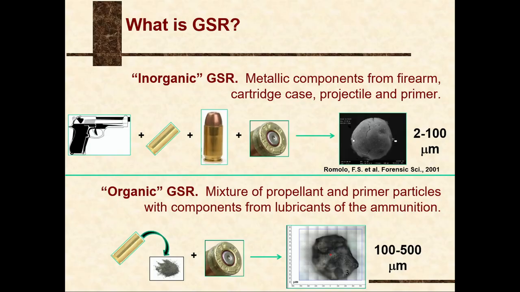As you may know, gunshot residue particles are formed when we fire the gun, and there are two major types, inorganic and organic. Inorganic particles are typically small, and they mainly come from primer, and organic particles are much larger, and they mainly come from propellant and smokeless gunpowder.